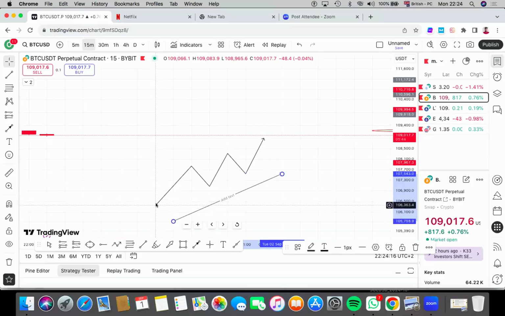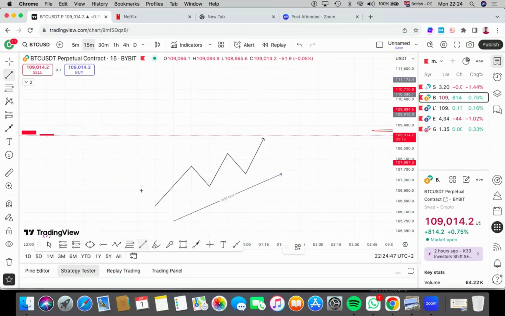This is the low, this is the high, and this is the higher low, and this is the higher high, and this is a higher low, and so on and so forth. Firstly, for us to have a valid uptrend, the market has to create a low, a high, a higher high and higher low, and so on. And then it has to also break structure to the upside.